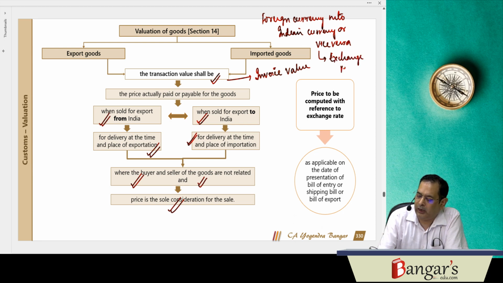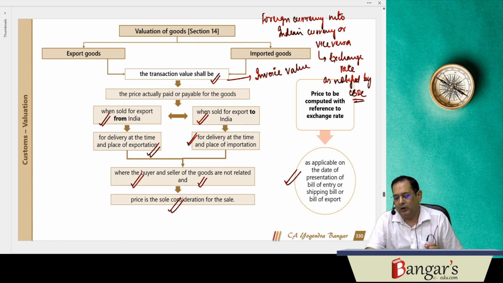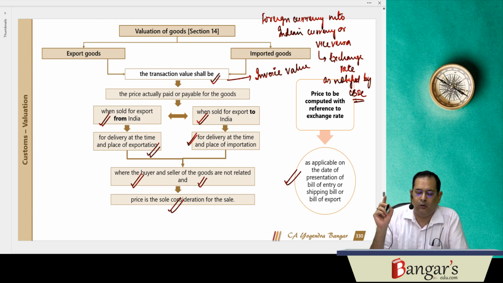The exchange rate as notified by CBIC will be taken on the date of presentation of the bill of entry, or say shipping bill or bill of export. So the exchange rate as notified by CBIC will be taken on the date of presentation of the bill of entry or shipping bill or bill of export.